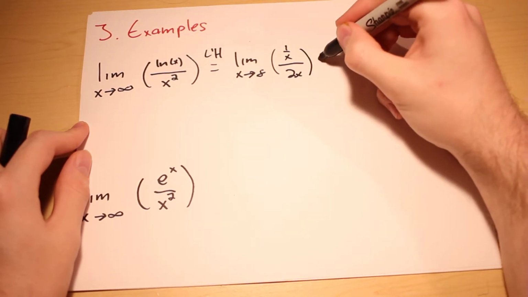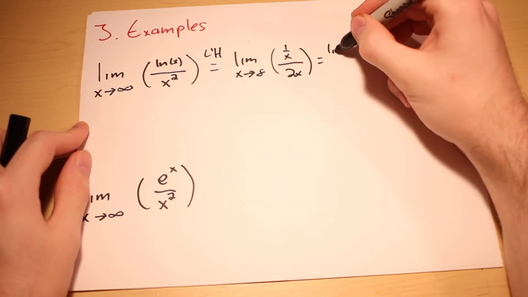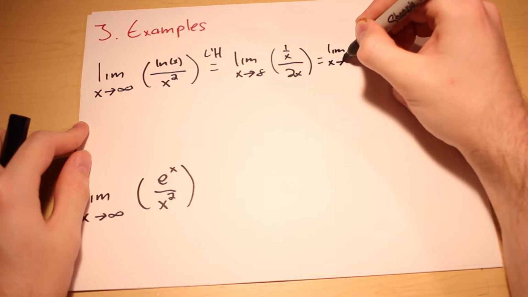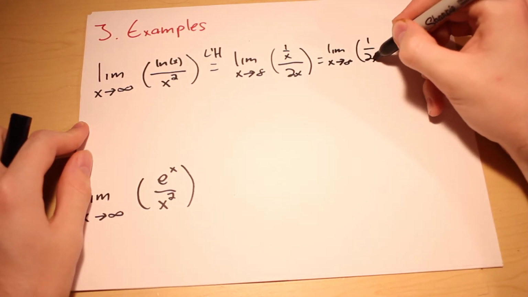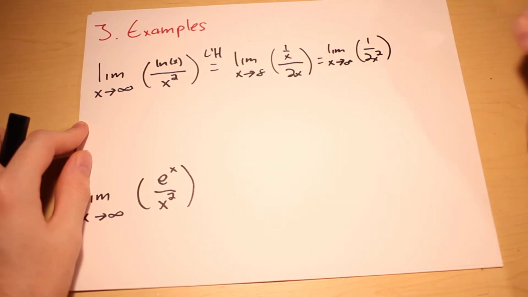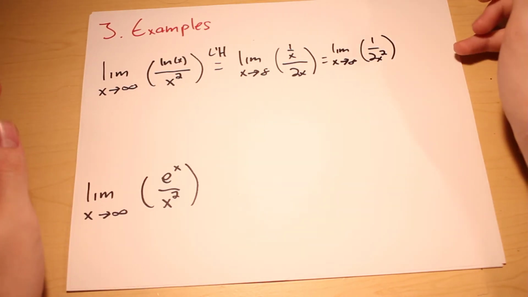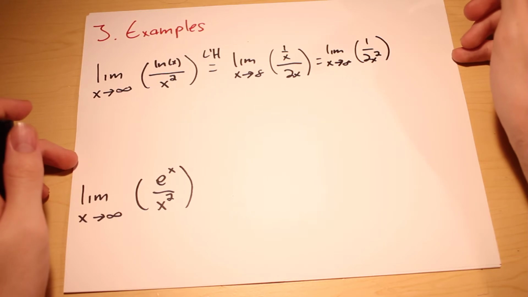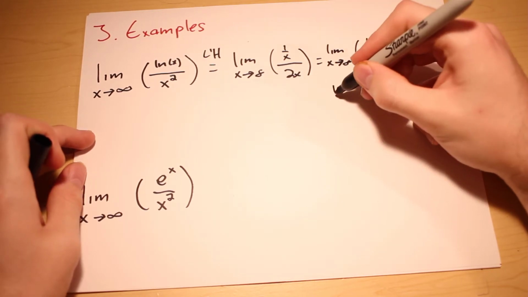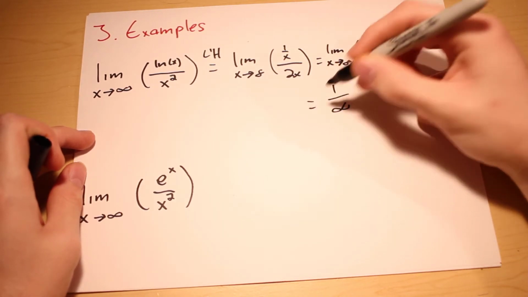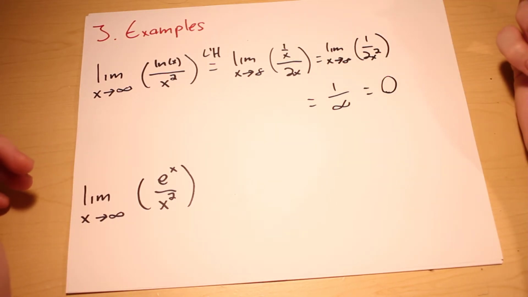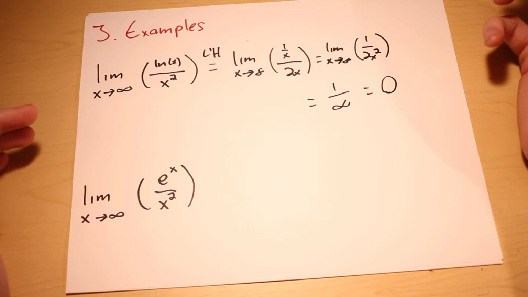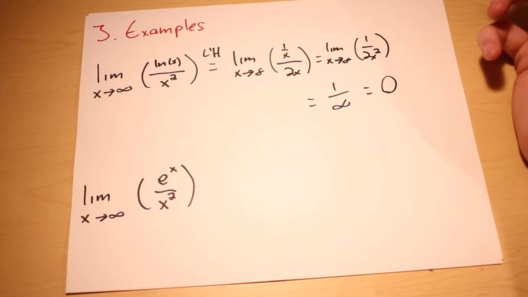Now using some simple math, we can rewrite this as the limit as x approaches infinity of 1 over 2x squared. Now, if we were to plug infinity into this limit, instead of receiving infinity over infinity, we would receive 1 over infinity, otherwise known as 0. Now we can actually learn some information from this limit. It's not simply infinity over infinity, an indeterminate form.